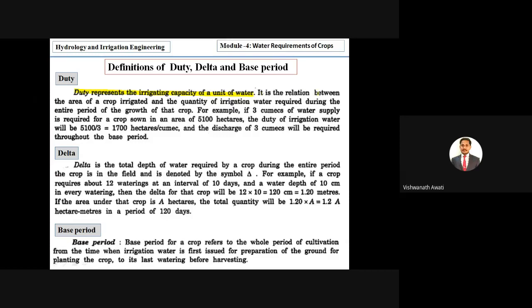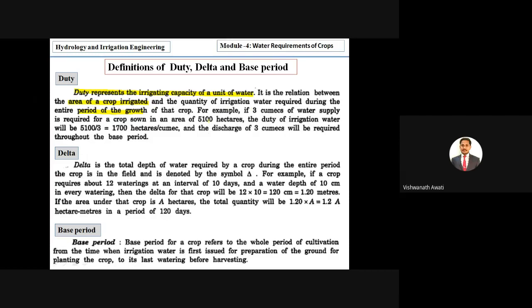It is a relationship between the area of a crop irrigated and the quantity of irrigation water required during the entire period of growth of that crop. So the water has to be supplied for the area for the complete growth of the crop.